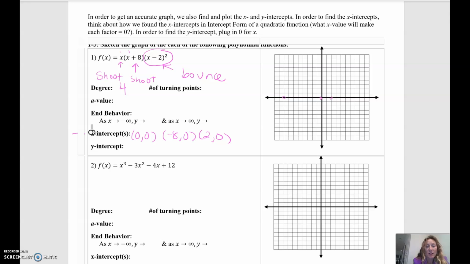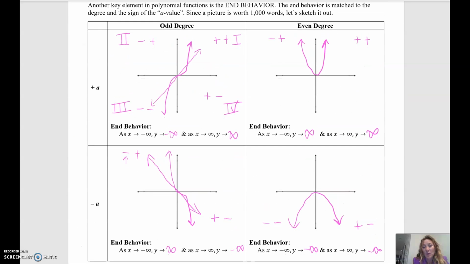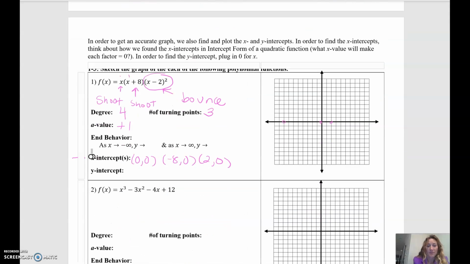When it's a 4th degree, that means that there will be 3 turning points. In this case, the a value is positive 1. And so for an even degree with a positive a value, we're going to go to positive infinity and positive infinity. So I'm going to sketch my end behavior.